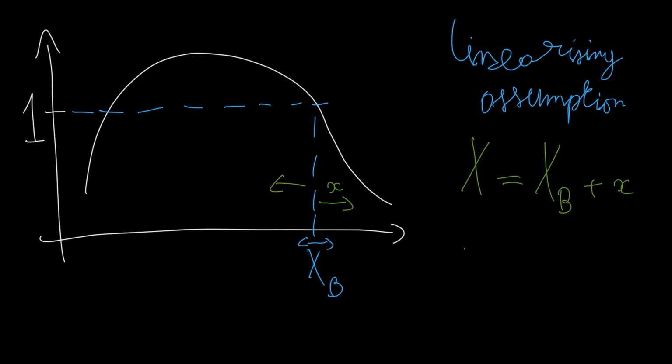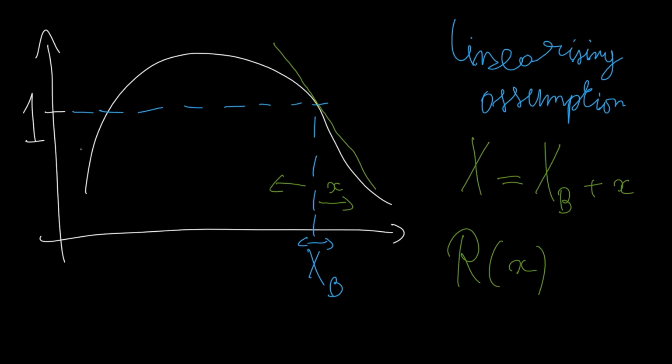This in itself allows us to write r, which was a function of big X, as a function of small x. And since we are considering the case of small departures, we can now, as we have previously stated, draw r as a straight line with the same slope as this graph at the point XB.